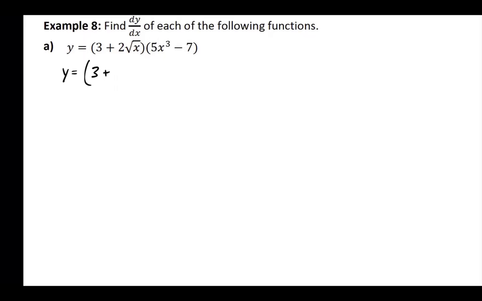How could I write 2 times the square root of x with no root, and a power? Yeah, there you go. Exactly. 2x to the 1/2 power. Says the exact same thing. And then this part is okay.